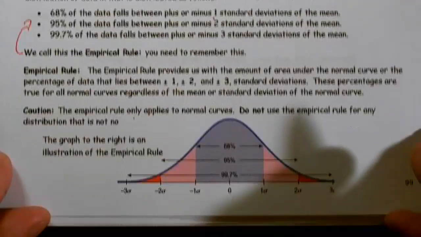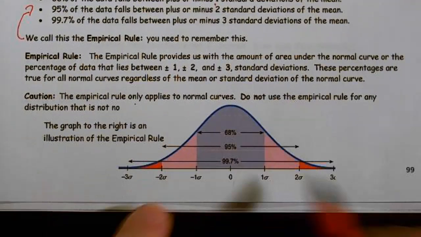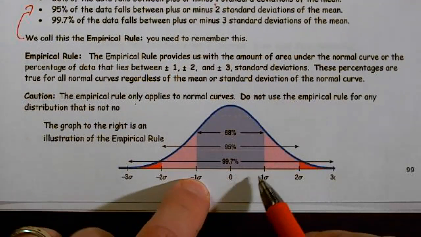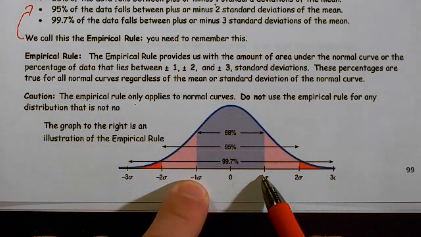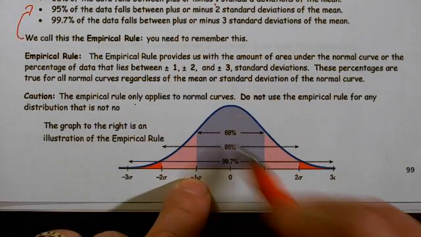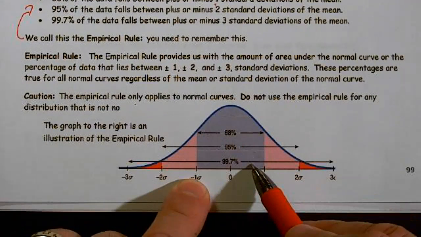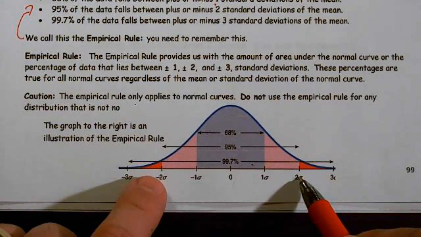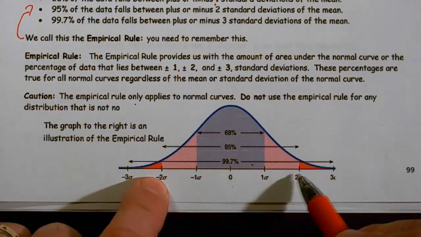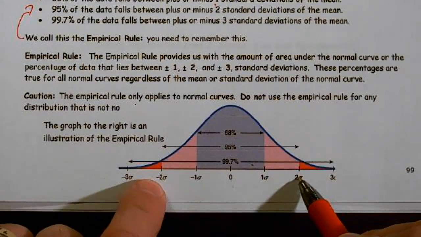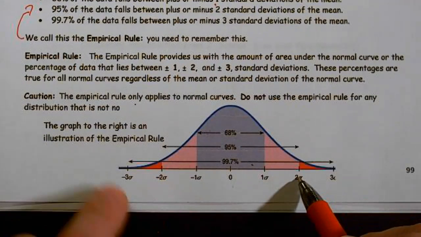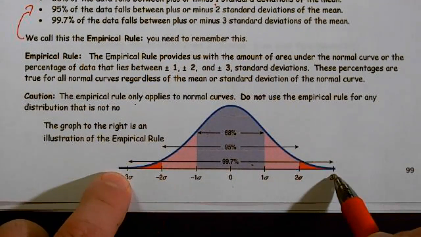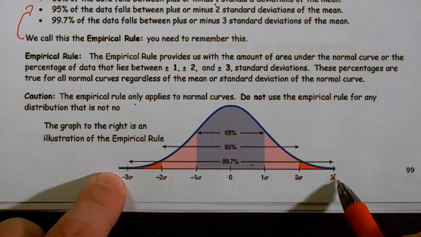Looking at it on a graph, it might look something like this. We're centered at 0, and 68% of the data is within plus or minus 1 standard deviation, or this purple section. 95% of the data centered on the mean is plus or minus 2 standard deviations, and all the way out to -3 and +3, we have 99.7%.